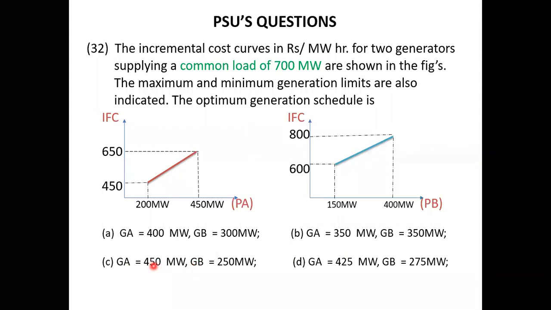Easily we can understand the remaining portion is nothing but 700 minus 450. So what would be the answer? That is 250 megawatts. So this 250 megawatts is going to be generated by generator B. So the answer in this case is option C, means generator A will take 450 megawatts and generator B will take 250 megawatts. Understood, everybody?